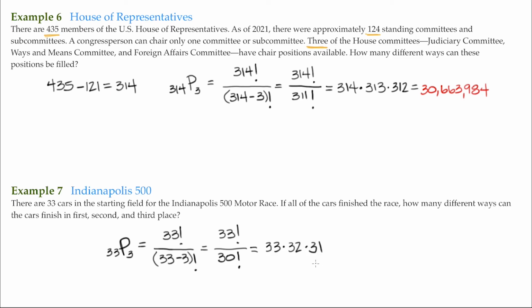And hopefully you're getting the gist of how these permutations work in relationship to the fundamental counting principle. So that comes out to be 32,736 different ways.